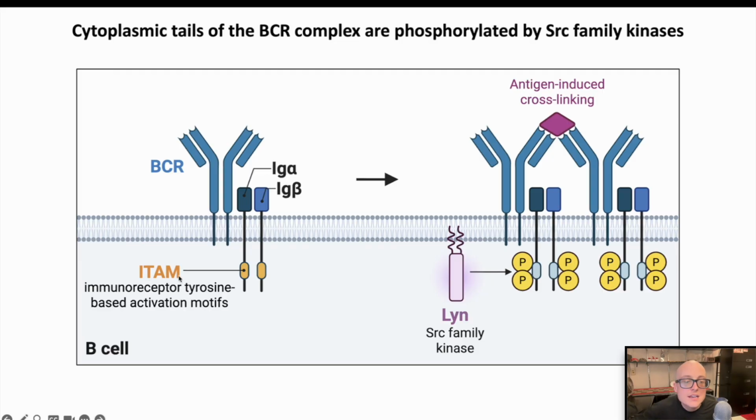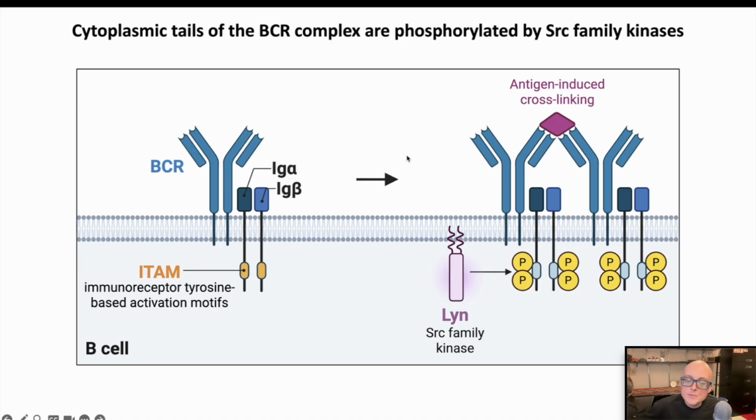ITAM stands for immunoreceptor tyrosine-based activation motifs. So these are tyrosine residues within these tails which serve as platforms essentially for phosphorylation. And when the ITAMs are phosphorylated, that is going to facilitate the recruitment of other signaling molecules, which will continue the transduction of a signaling pathway, which we'll see play out here in a minute.